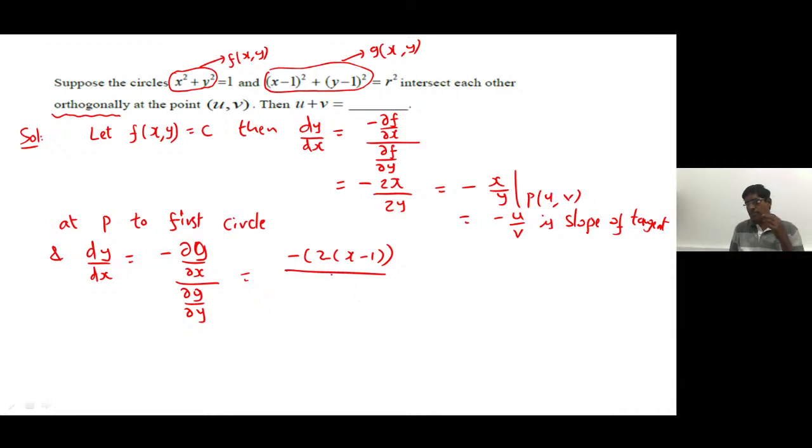With respect to y partially, x minus 1 whole square is 0, r square is 0, so this is 2 into y minus 1. They are intersecting at the point u comma v, so substitute x is equal to u and y is equal to v. 2 cancels. Minus of u minus 1 divided by v minus 1.